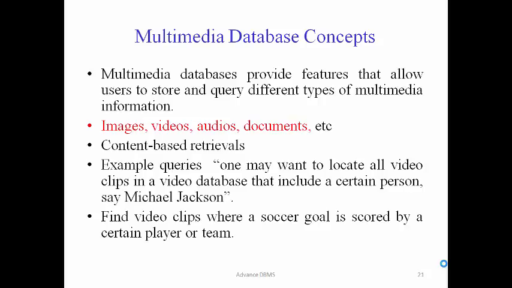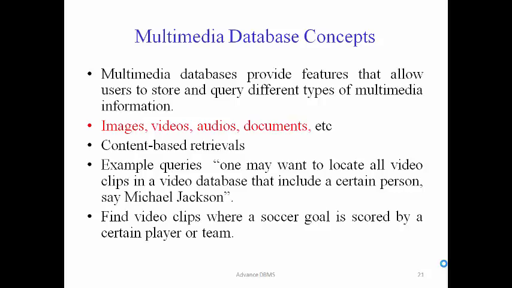So these different types of data in the databases are called multimedia database concepts. The main types of database queries that are needed involve locating multimedia sources that contain certain objects of interest.